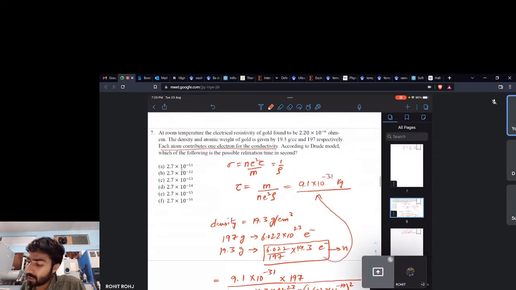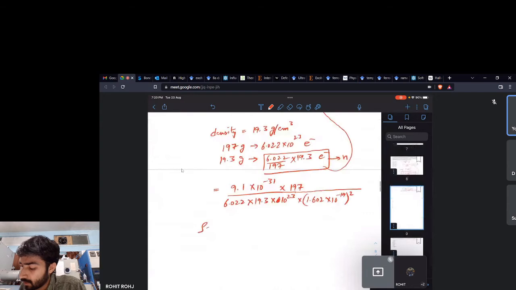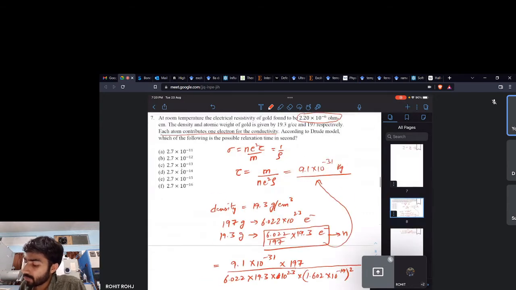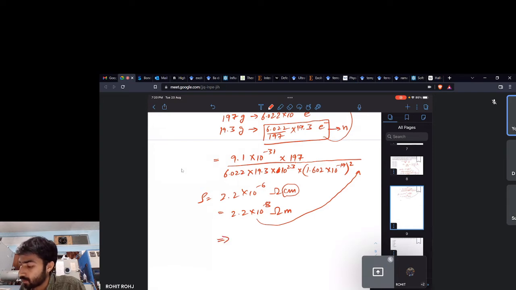Now the resistivity given to us is 2.2 into 10 to the minus 6 ohm centimeter. Since we are using the SI system, we should also convert centimeter into meters. That would come to be 10 to the minus 8 ohm meter. Plugging this value into the denominator and solving the algebra, one would get tau to be 2.7 into 10 to the minus 14 seconds.